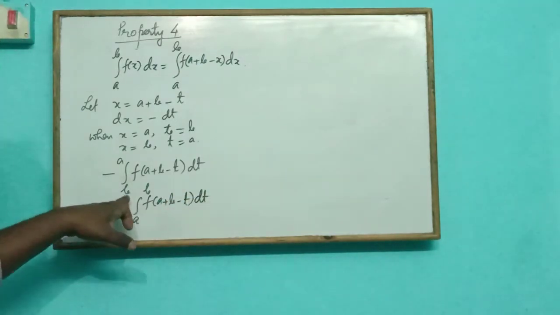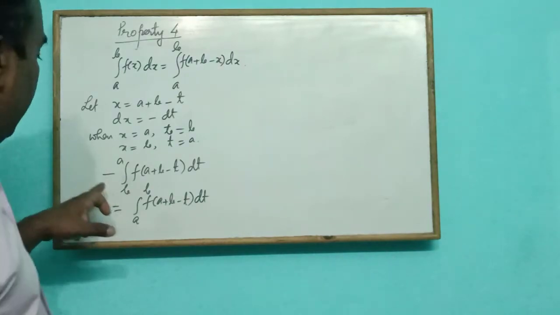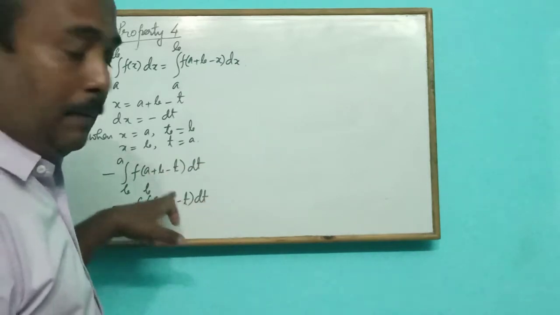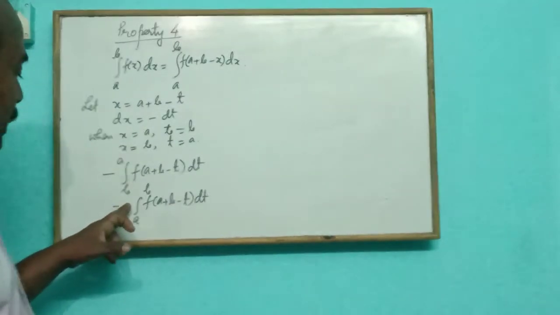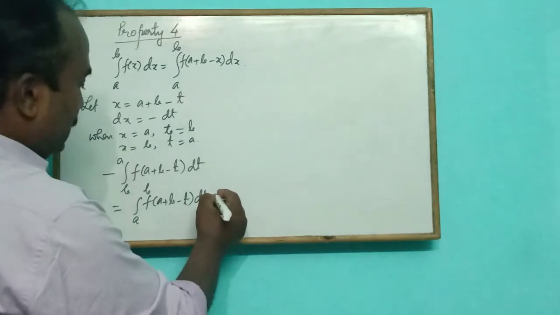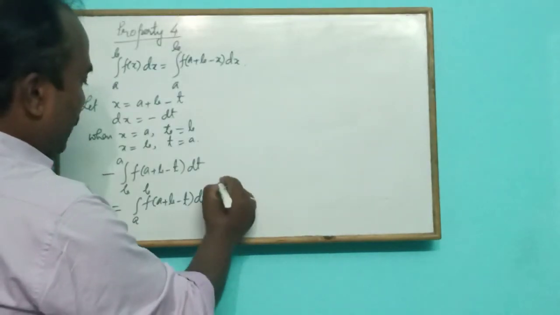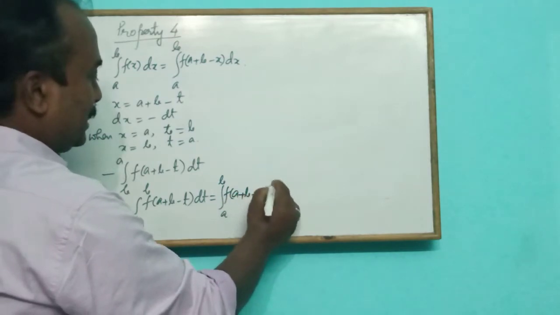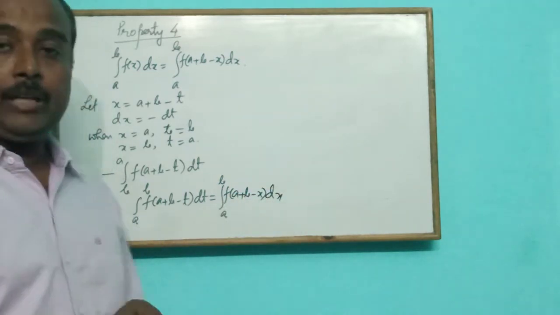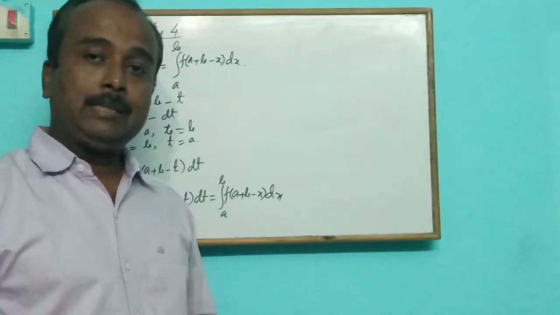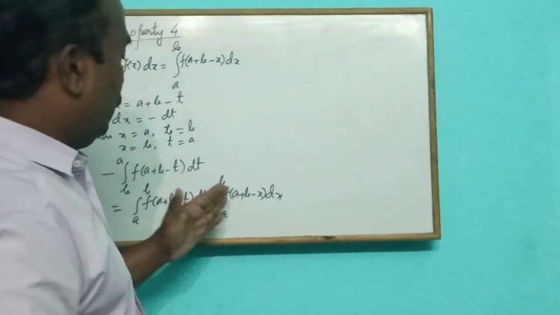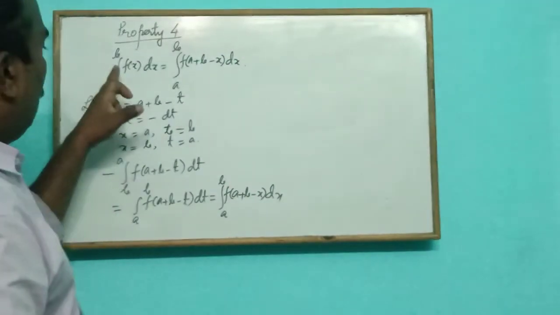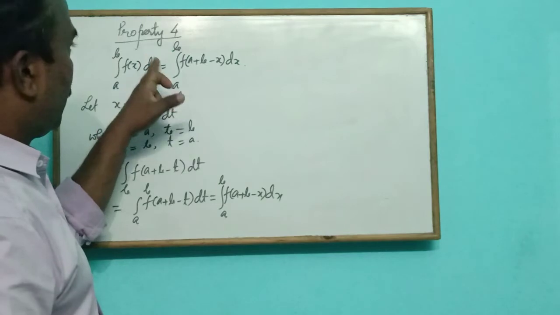Here I have changed the position of the limits, so the value of the definite integral changes by the minus sign. So this minus is removed, and this is equivalent to a to b f of a plus b minus x dx, because the value of the definite integral is independent of the change in variable. So t has been replaced by x, and we get property number 4.